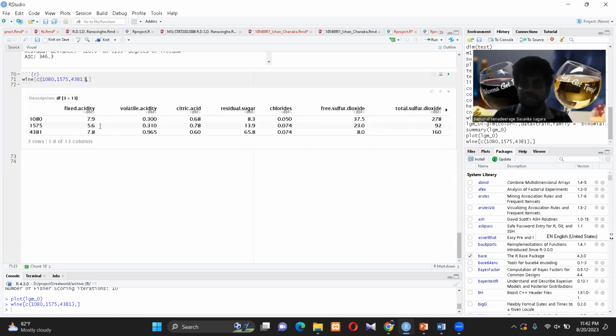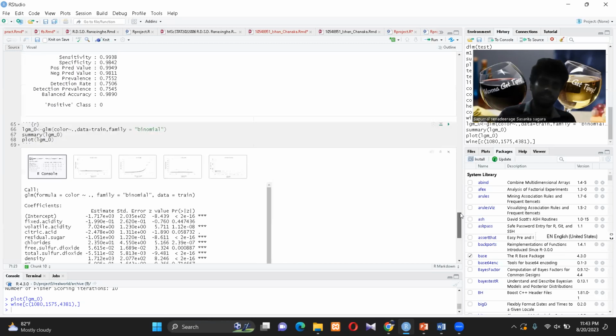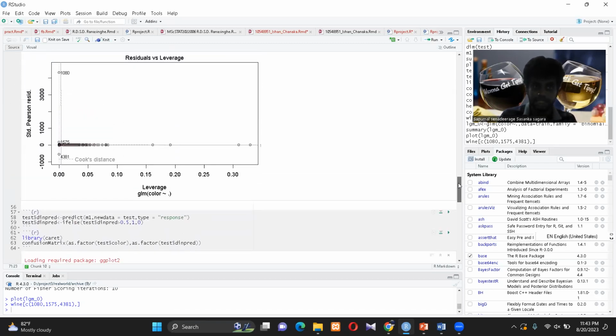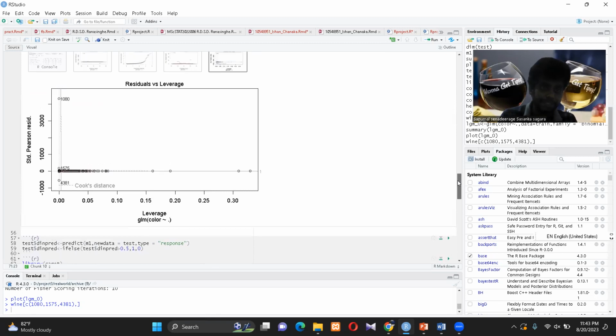These rows have affected the final model badly. This leverage is an indicator of the influential cases, right?